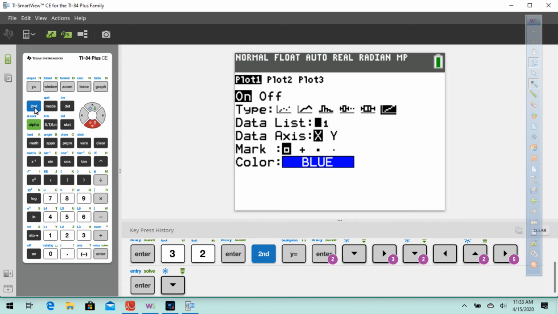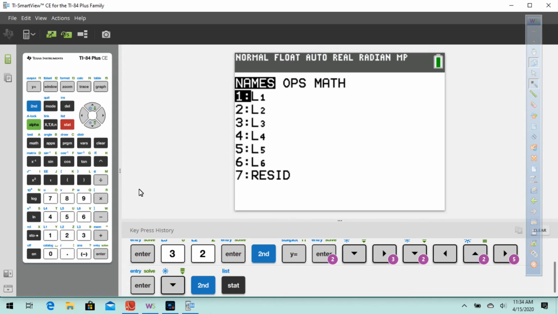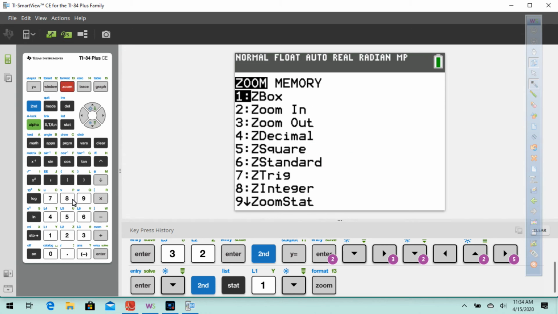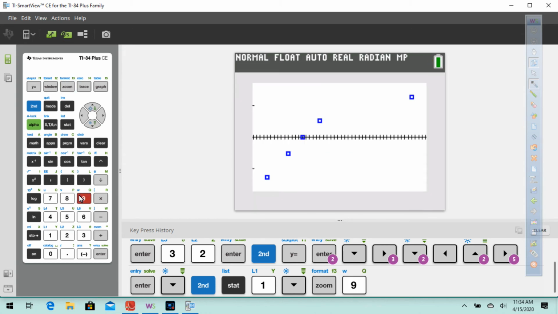But if you wanted to change it, you would press second and then stat, and then you could choose whichever one you got. So we're going to choose 1. Data axis should be X. All right, we got all of that. So now we're going to press zoom, and then 9 for zoom stat. And there we go.